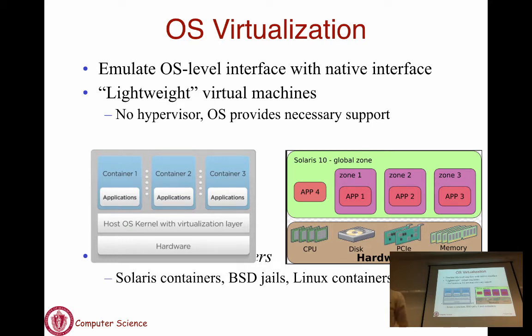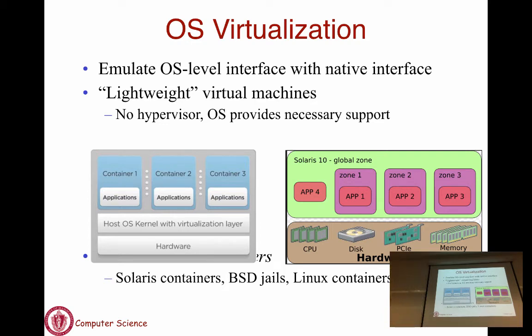What happens as a result of this container is these applications can no longer see these other applications. So if you run ps or top or something that tries to list all the processes running, you only see the processes running inside that container; the fact that there are other processes running on the machine is no longer visible. The same is true of the virtual disk. You can actually restrict the part of the file system that's accessible to this container. Other files on your disk are not even visible.